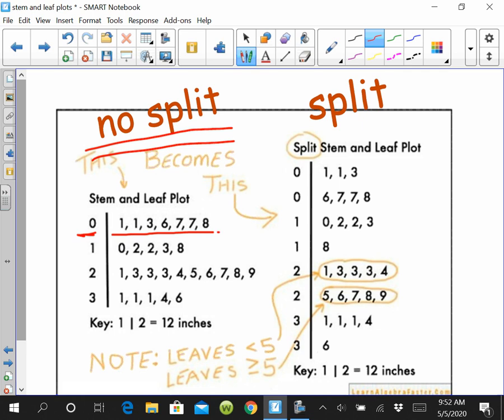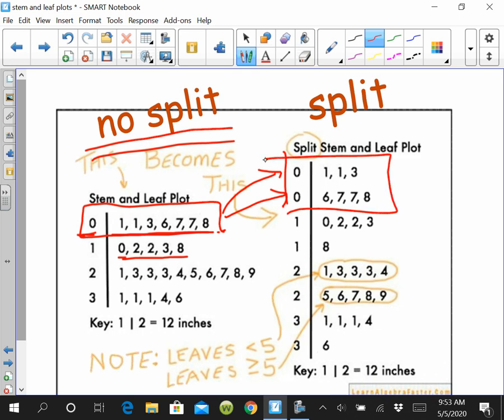Notice the smallest value is closest to the stem, and then the values grow as you get further away from the stem. And you can see that this data has been split into two parts over here, because whoever did the one on the right must think that there's going to be so many leaves piled up in one area.